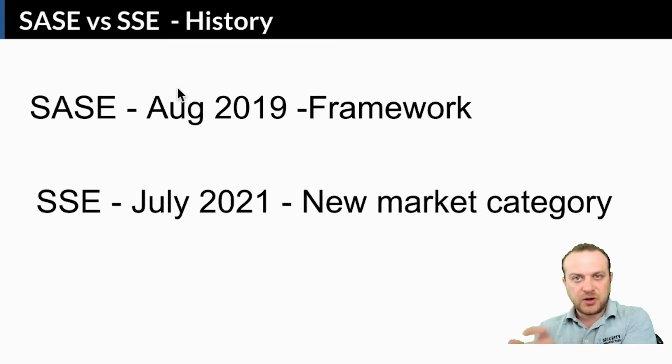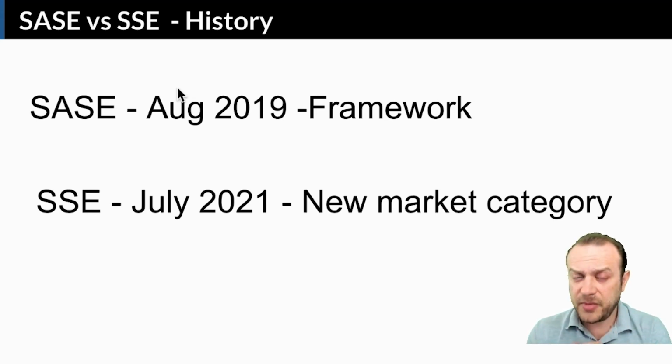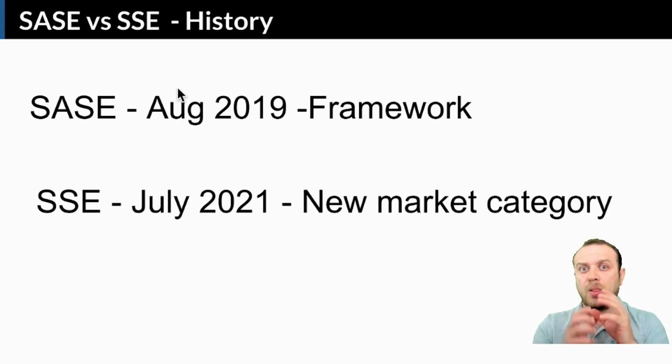Basically, there was a Magic Quadrant for web gateway, there was a Magic Quadrant for firewalls, there was a Magic Quadrant for CASB, there was never a Magic Quadrant for ZTNA. We will now see one Magic Quadrant that will have ZTNA, CASB, Firewall as a Service under one Magic Quadrant.